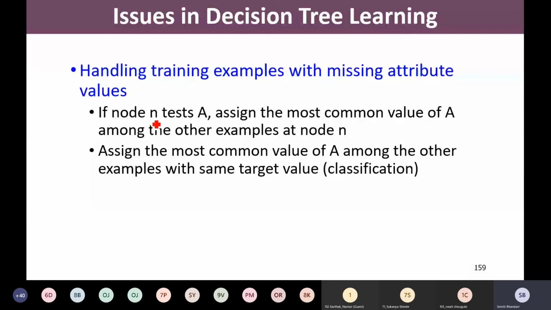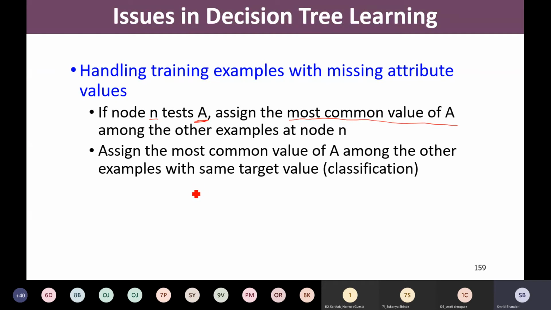So if we are dealing with, say, node n, and that node n is testing the attribute A, and for some of the examples, the attribute value A is missing. So what we can do is, we can assign the most common value of A for that particular example.